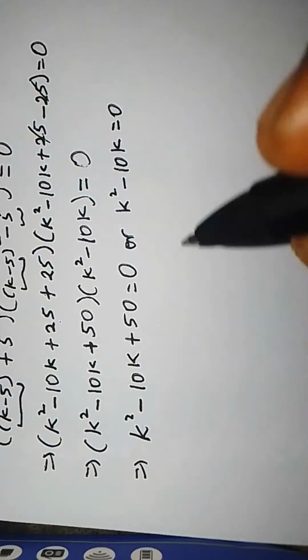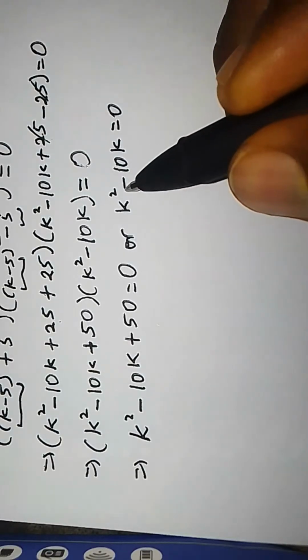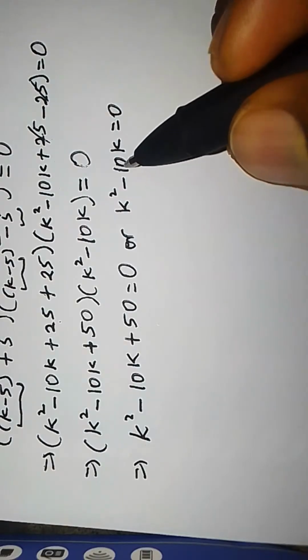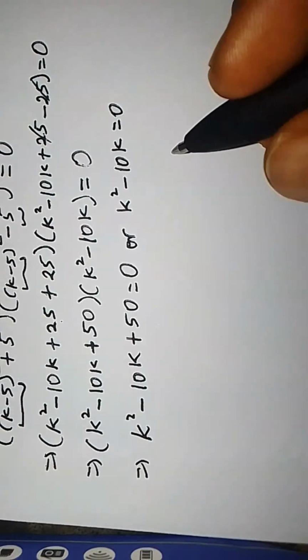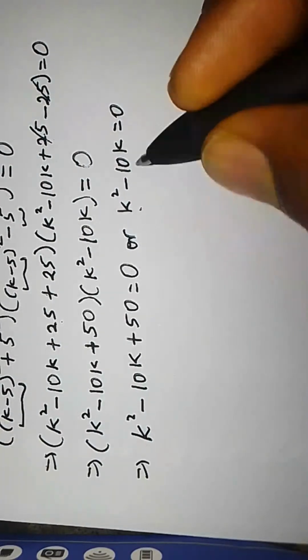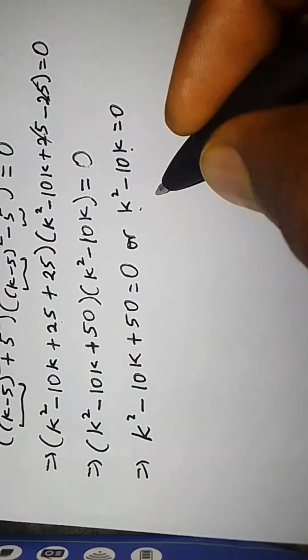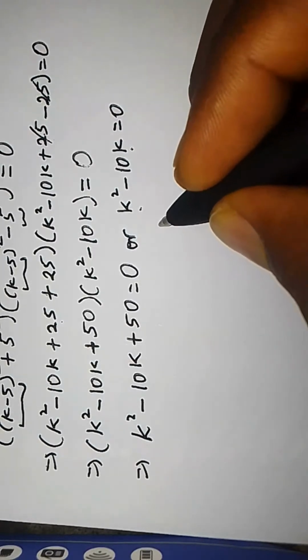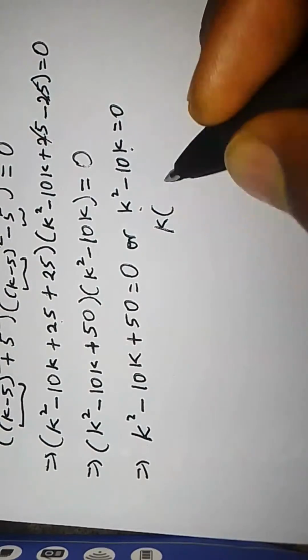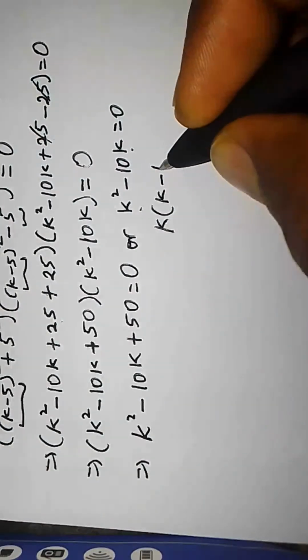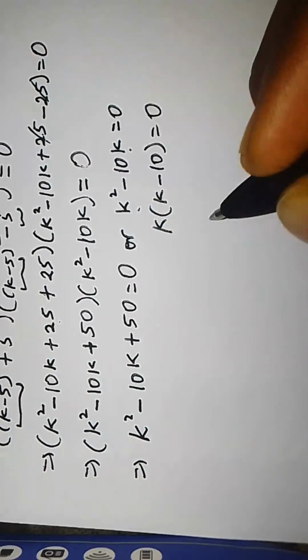Now, let's consider this first. After that, we will solve the other quadratic equation. From here, you will see that k is common. We can factor it out. So that will be k times (k minus 10) equal to 0.